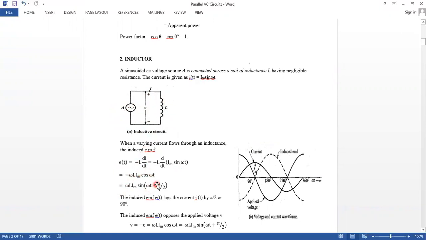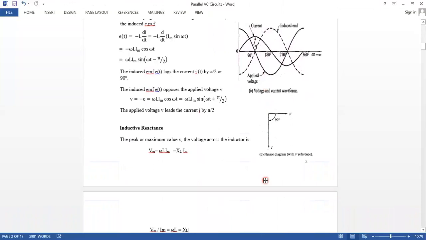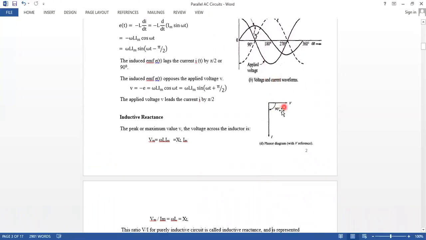We get the expression for the current as I is equal to Im sin omega t minus pi by 2. What we observe here is that after a time period of pi by 2 from the voltage wave, the current wave has started. So current is lagging the voltage by an angle of 90 degrees, and voltage is leading the current by 90 degrees.